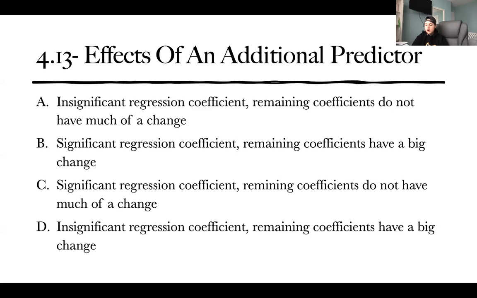And lastly, our new variable has an insignificant regression coefficient, but previous variables are substantially changed. In this case, we need to test collinearity before deciding if we want to add the new variable or not. All of these are possible outcomes that can be seen when trying to determine if a new variable should indeed be added to the data set.